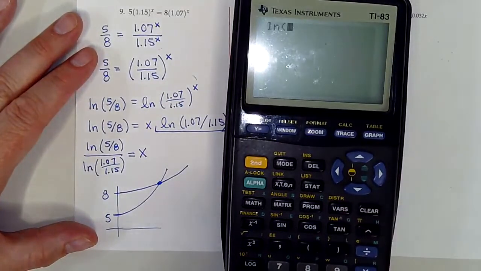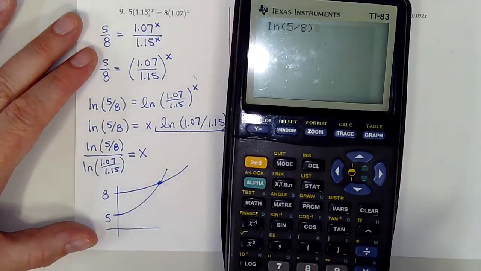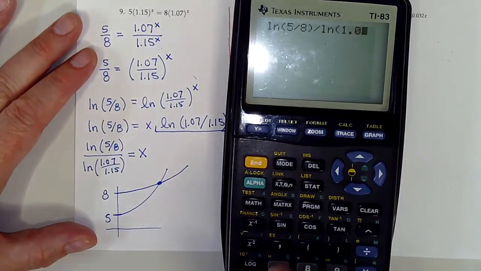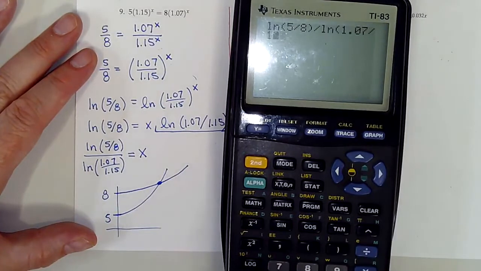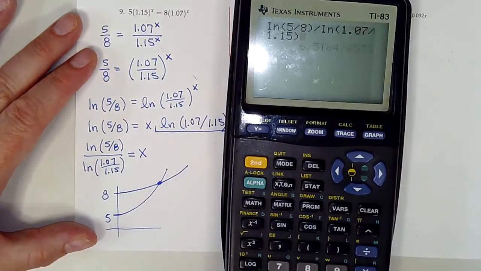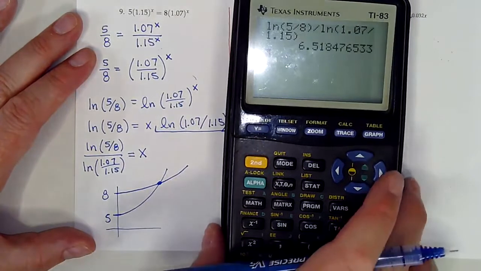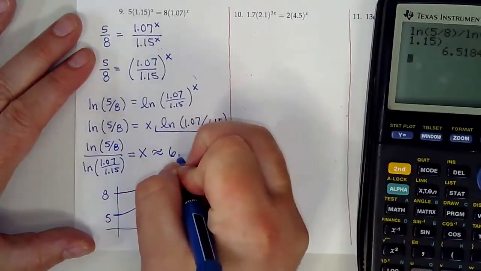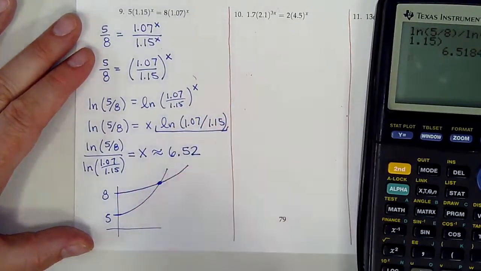I have ln of 5 divided by 8 in parentheses, divided by ln of 1.07 divided by 1.15, also all in parentheses. So that gives me about 6.52. Okay, so that would be the approximate solution.